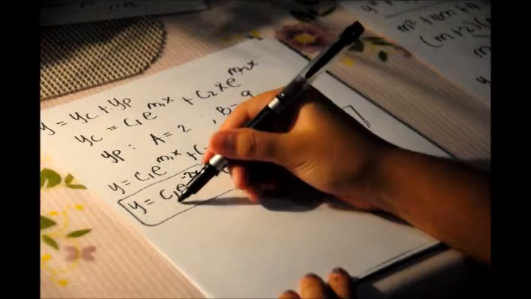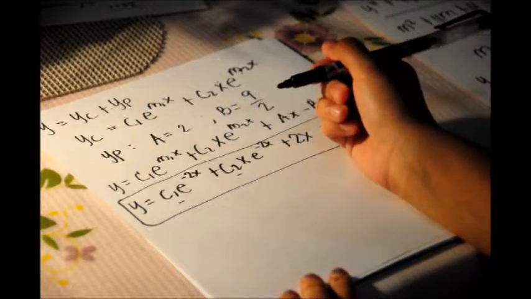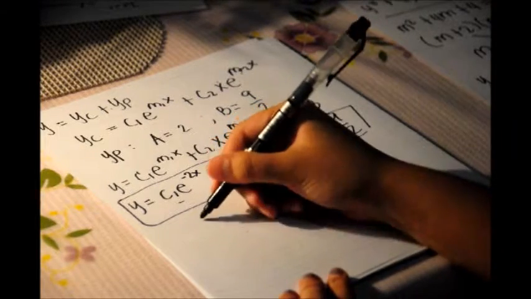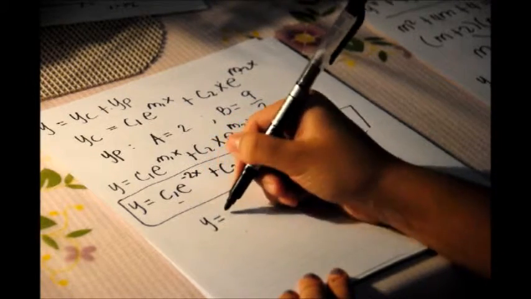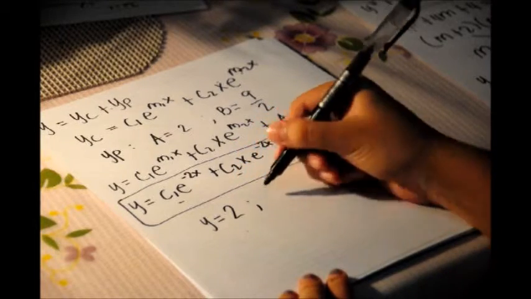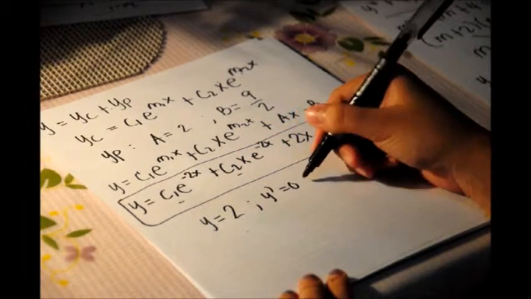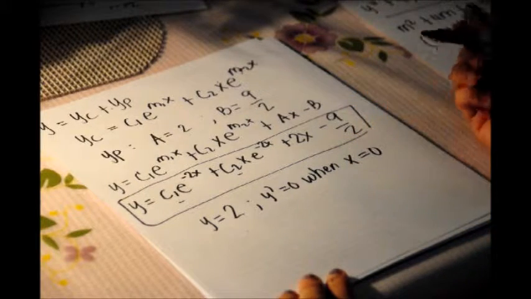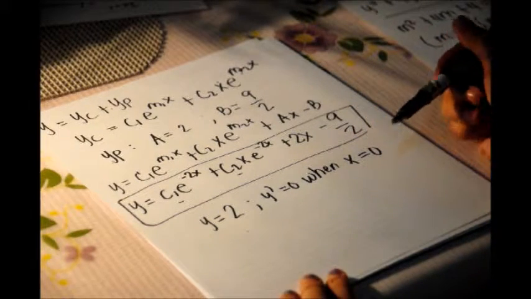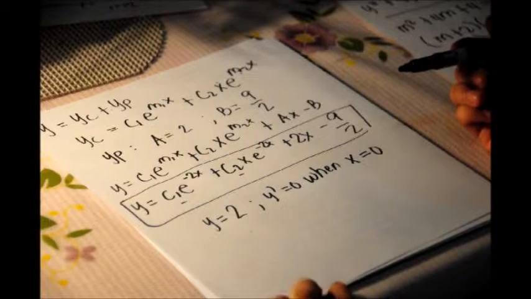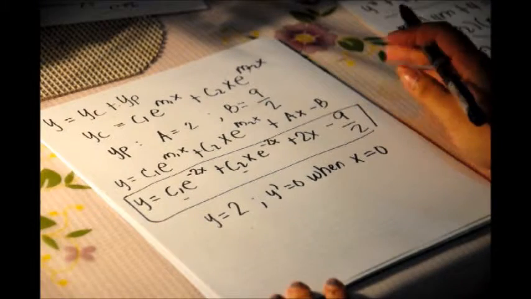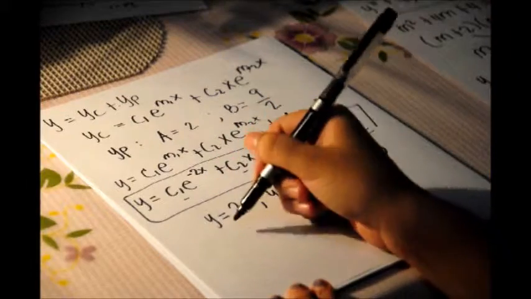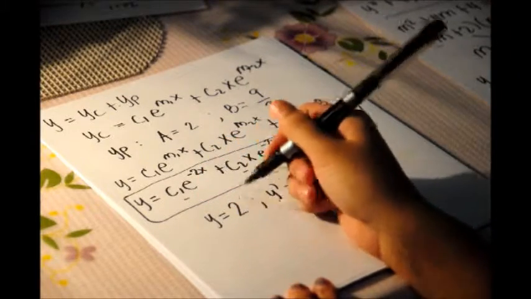Now we will find the values of c1 and c2. So earlier we have been given certain conditions in which y is equal to 2, y prime is equal to 0, when x is equal to 0. Now we are going to use these conditions to find the values of c1 and c2. Now first let's solve for the value of c1. So let's substitute the value of y.